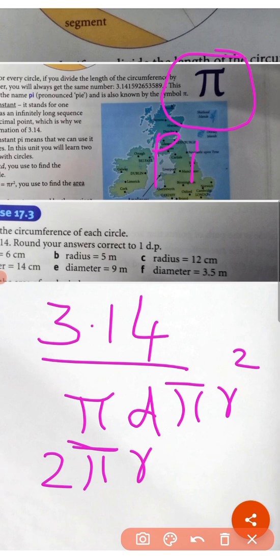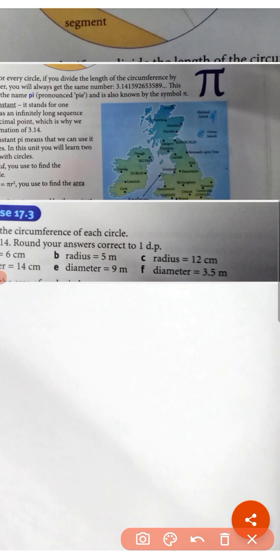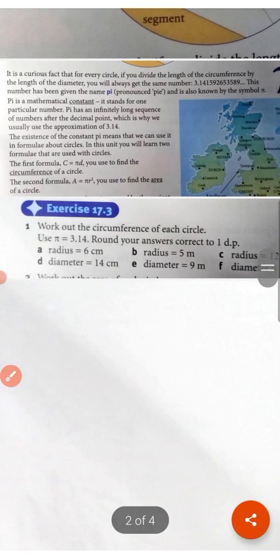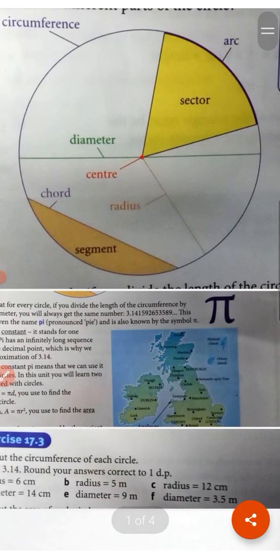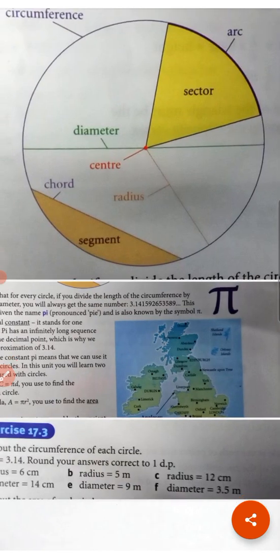So children, these are the parts of a circle, and here we are finding the circumference and area of a circle using the formula.